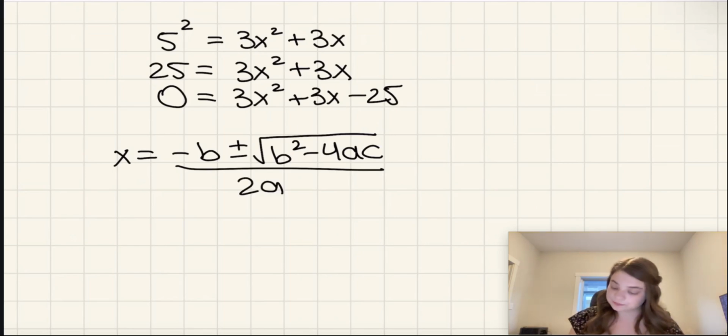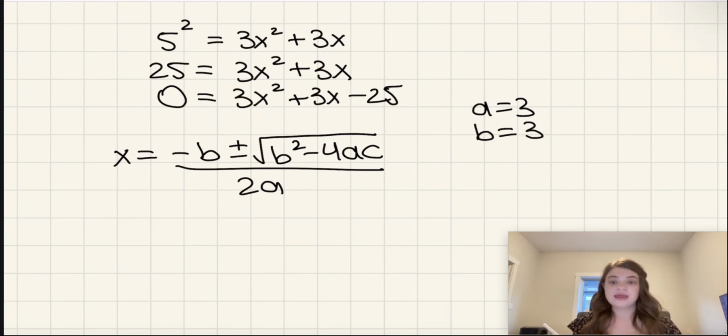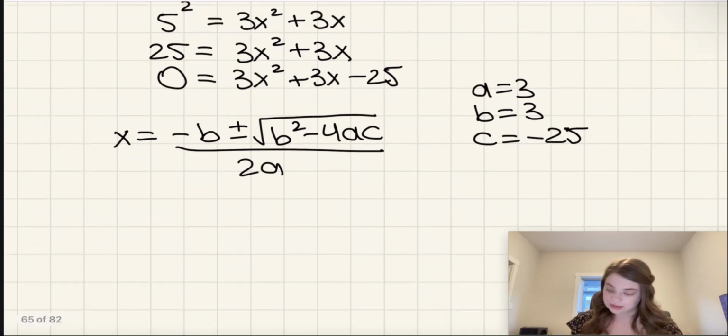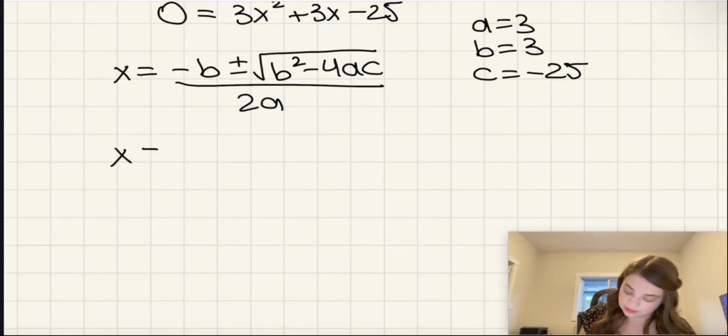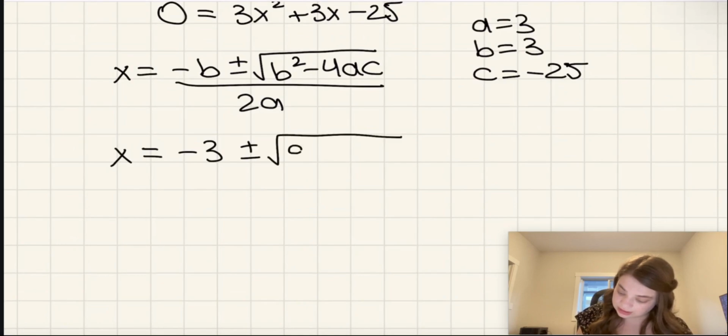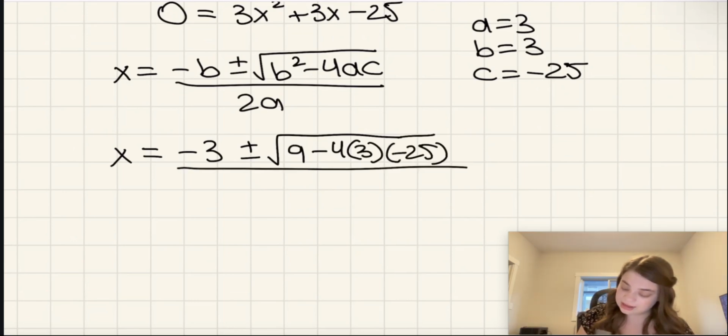In this case, a is 3 because that is the leading coefficient. b is 3 because 3 is the coefficient of x as well. And then c is for the constant. The constant in this case is negative 25. So let's plug all that in. Then we end up with x is equal to negative 3 plus or minus the square root of 9 minus 4ac all over 2a.